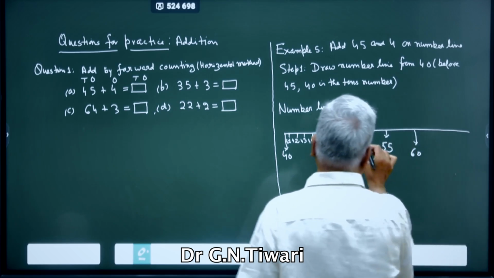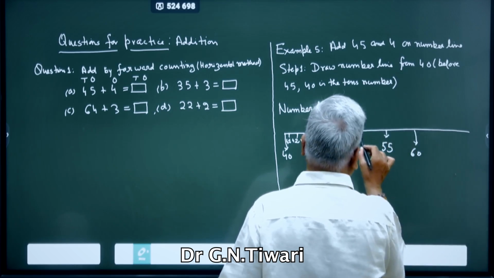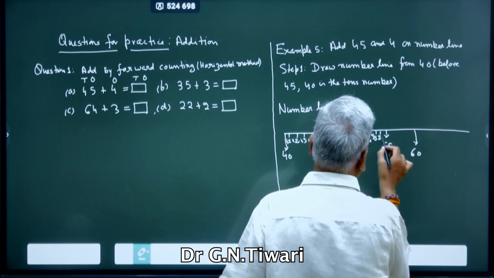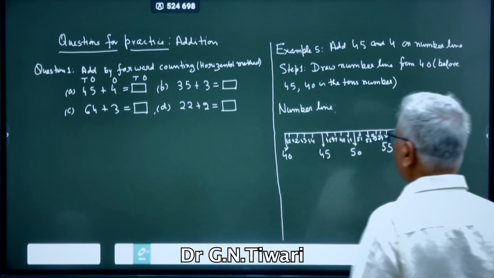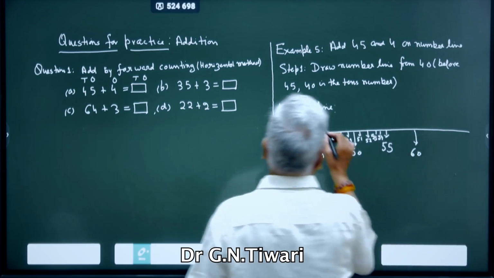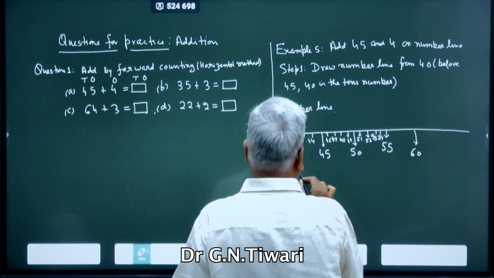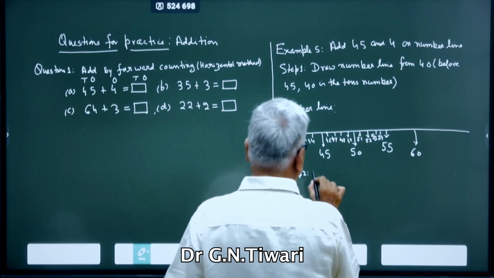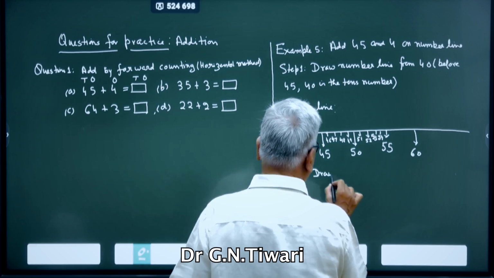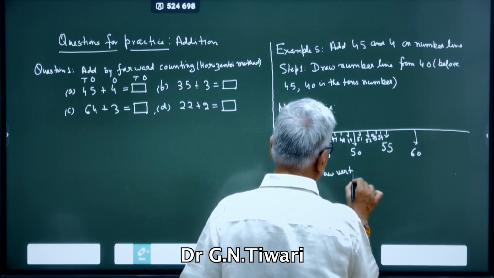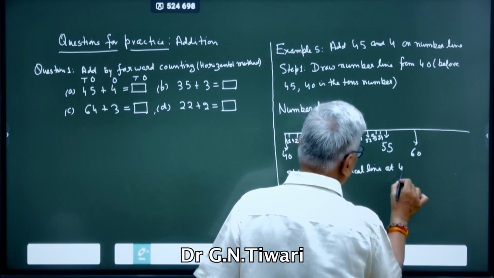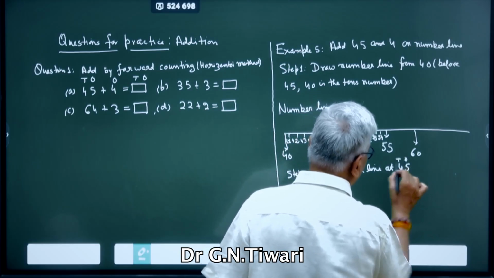Here also write 51, 52, 53 and 54. Now see what step 2 will be. Step 1 is done: draw the number line. Now step 2: draw a vertical line at 45, because you have to add to 45.